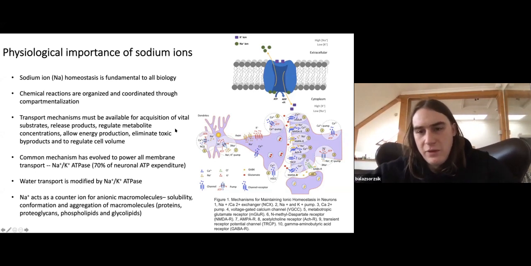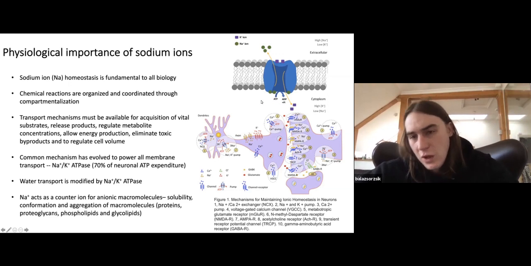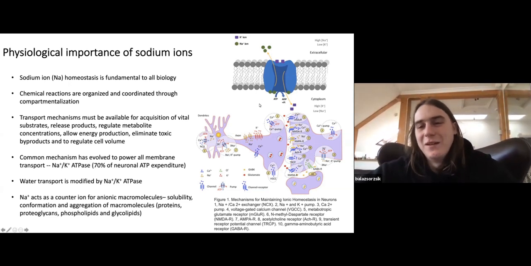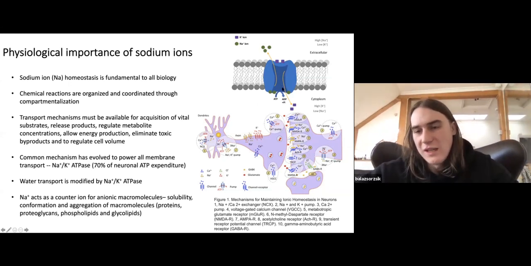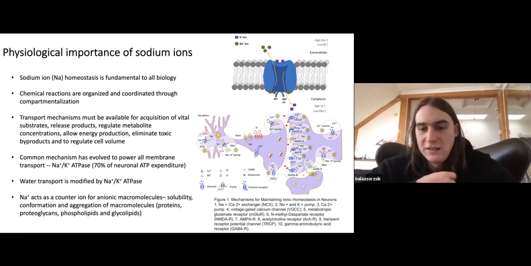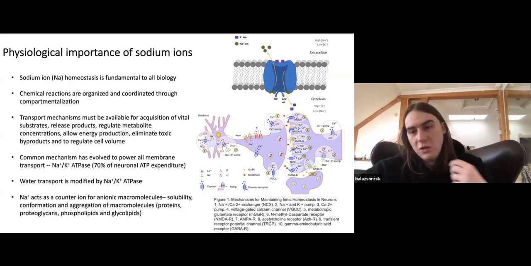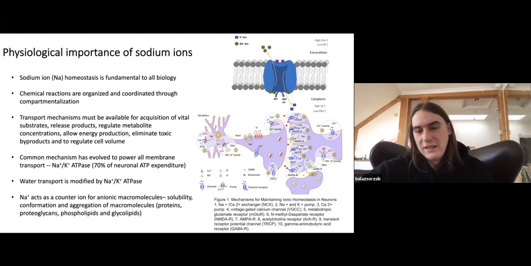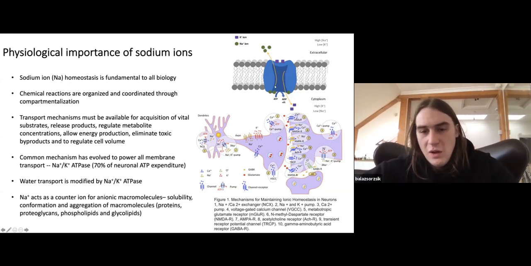This is a membrane-bound enzyme that uses the energy of hydrolysis of a phosphate bond in order to push 3 sodium ions out against their concentration gradient and push 2 potassium ions in against the concentration gradient. And that's why it has to use energy. Importantly, 70% of the neural ATP expenditure goes to powering this pump. So it really highlights the importance of this enzyme.